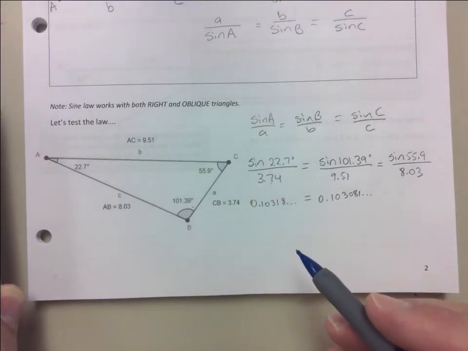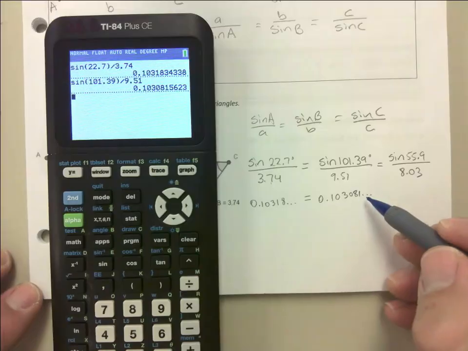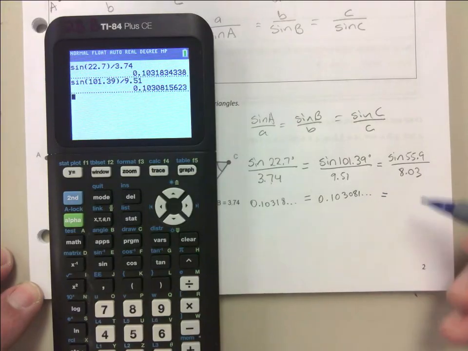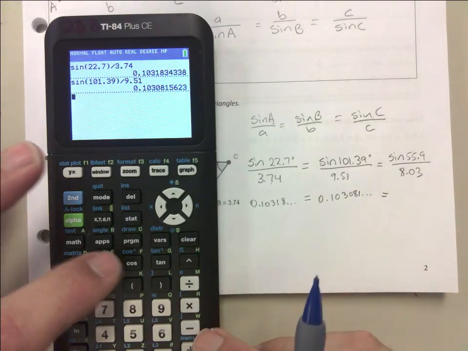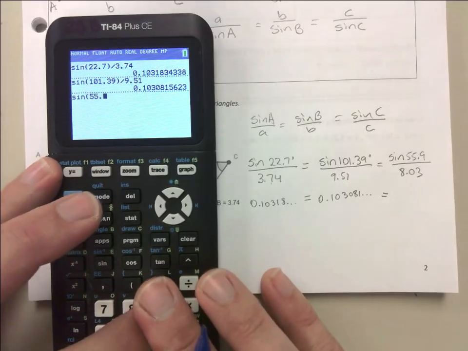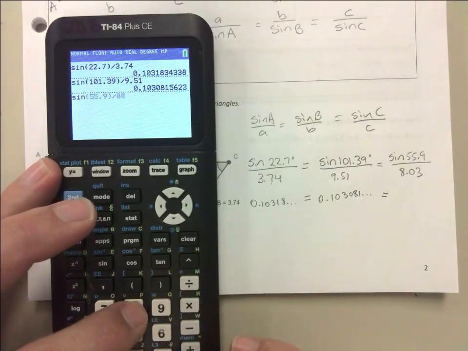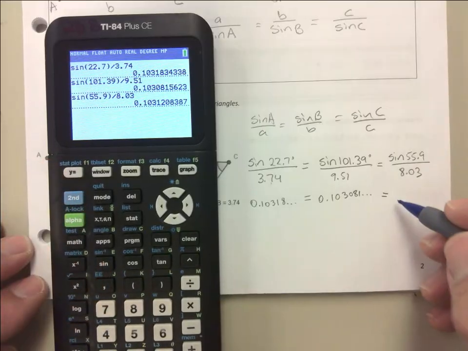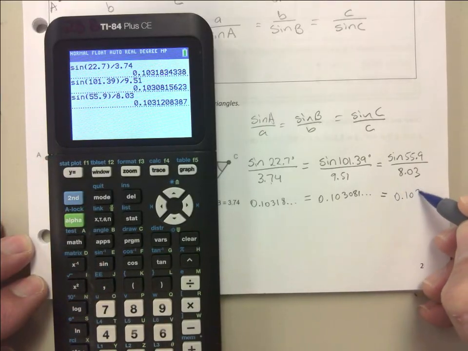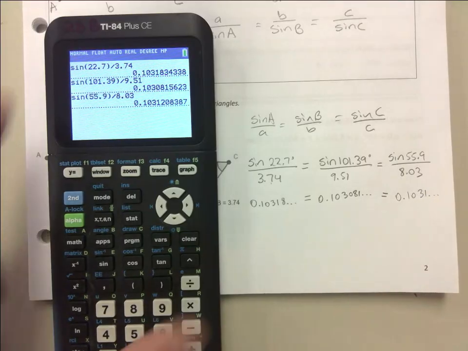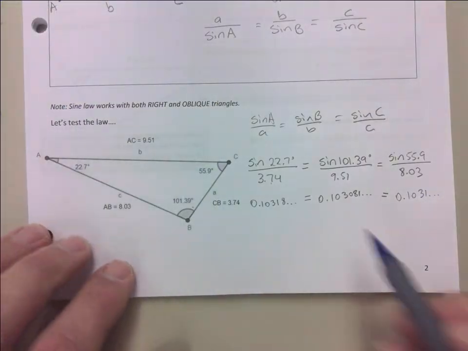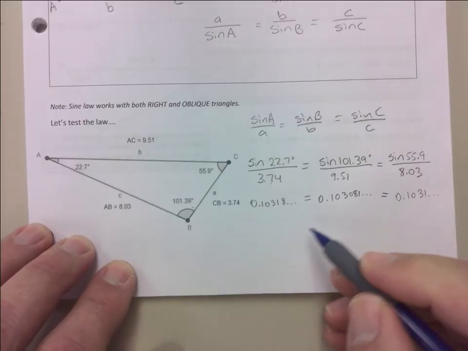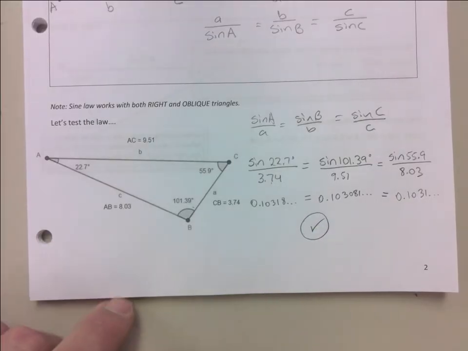I couldn't use all decimals. So that's why you're off a little bit, but we're not going to worry about that too much. And the last one, sine of 55.9 divided by 8.03. So that's pretty close. We just have a check mark here.